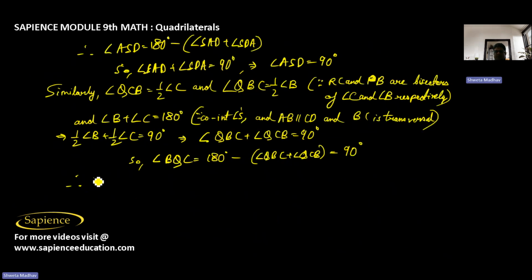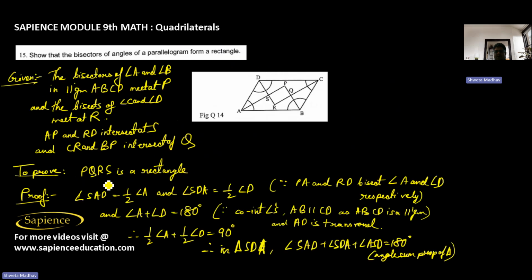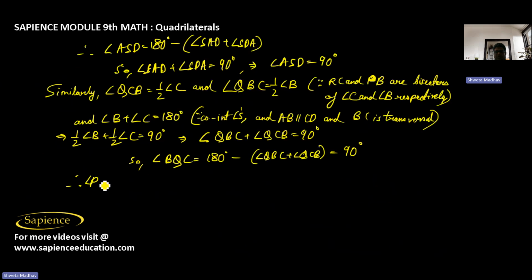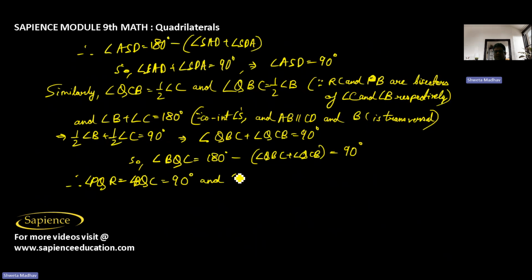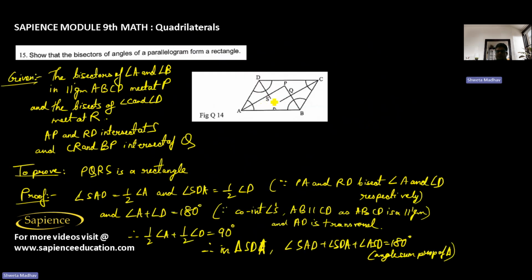So now we can say that angle PQR is equal to angle BQC, which is equal to 90 degrees, and also angle PSR is equal to angle ASD, which is also equal to 90 degrees, since vertically opposite angles are equal. So this is also 90, this is also 90.